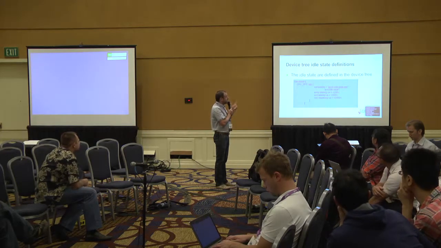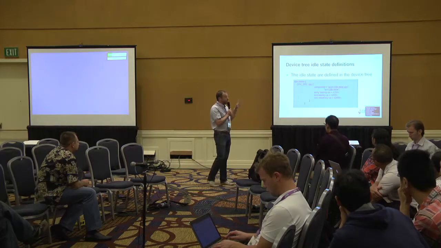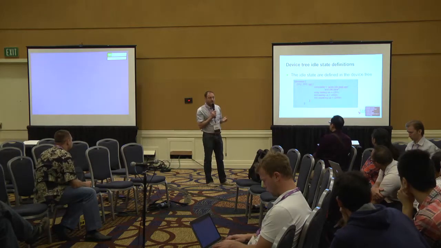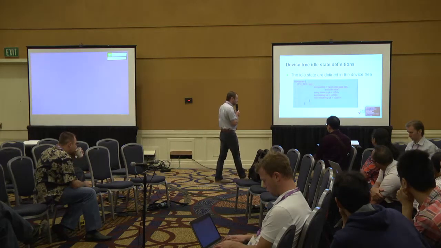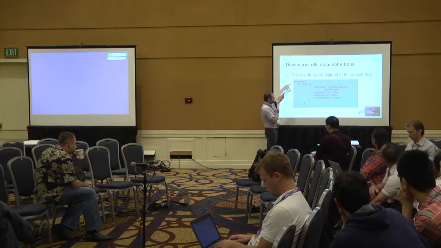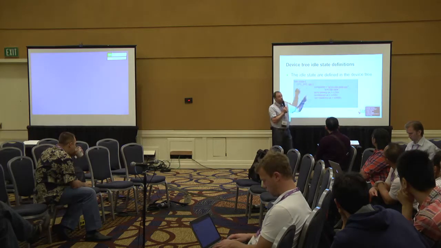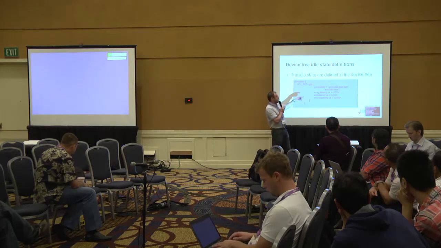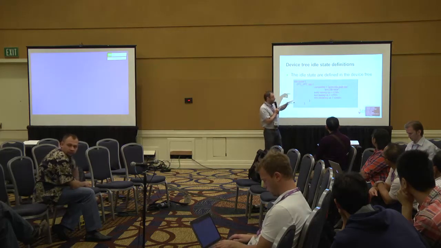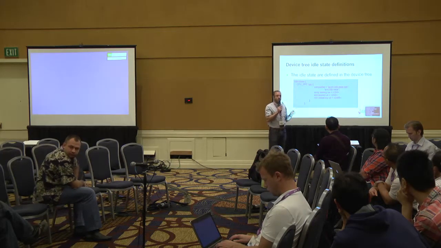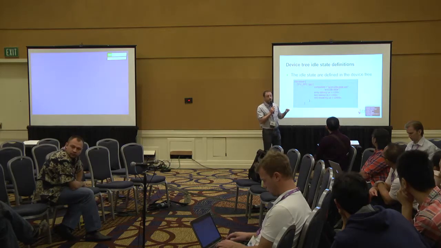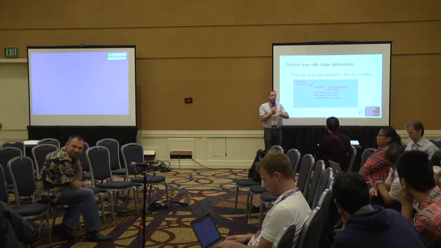If you want to create a driver, you first have to describe the idle states. In the DT, you have the name of your idle state and the compatible string, which is very important. We will see later how the cpuidle driver will use this string to make the connection between what is described here and the low-level PM code.